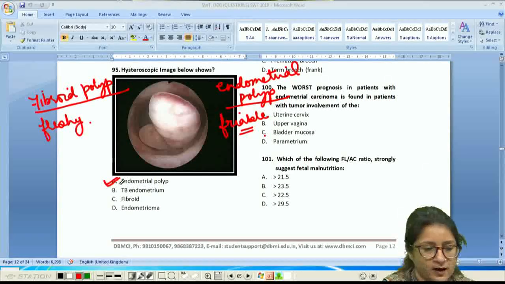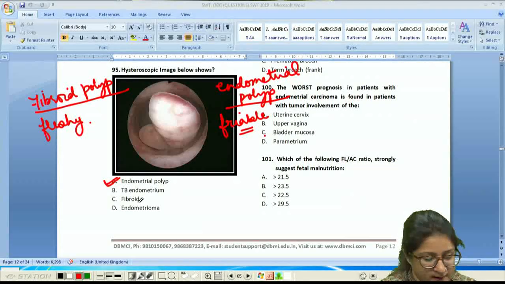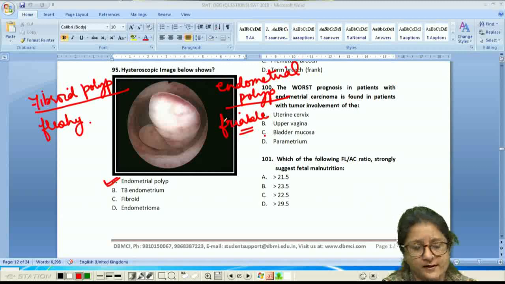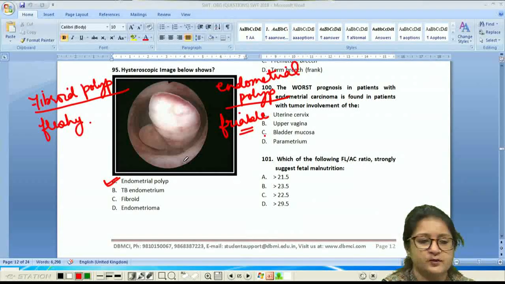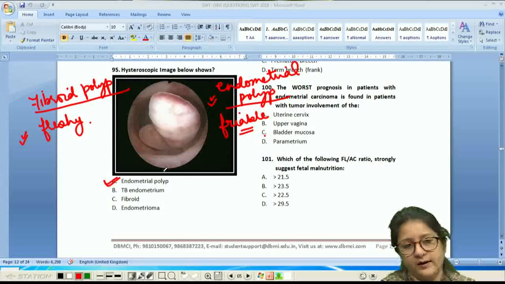In this question I will mark an endometrial polyp because fibroid polyp is not given as an option. However, by looking at the polyp we can probably get an idea whether it is a fibroid or endometrial polyp. Ultimately the diagnosis has to be confirmed by histopathology. Fibroid polyp looks a bit more fleshy in appearance and endometrial polyp looks more friable in appearance.